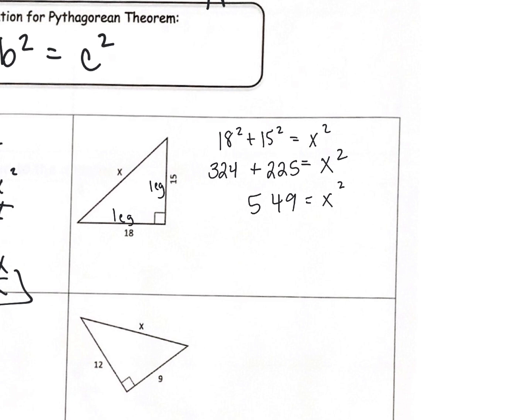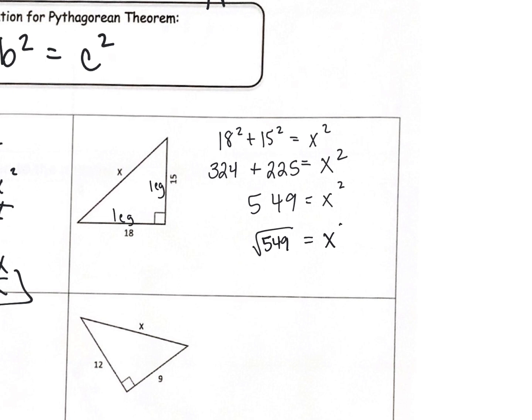Now we've got to take the square root. Now I'm just going to write it over here because I know that's where it's going to end up. You can write out the steps like we did last time, but you don't have to. All right, there we go. The square root of 549 is going to equal x.